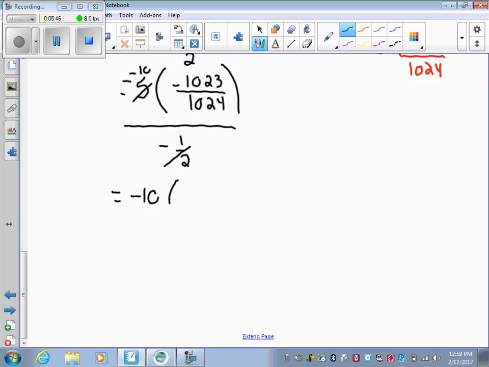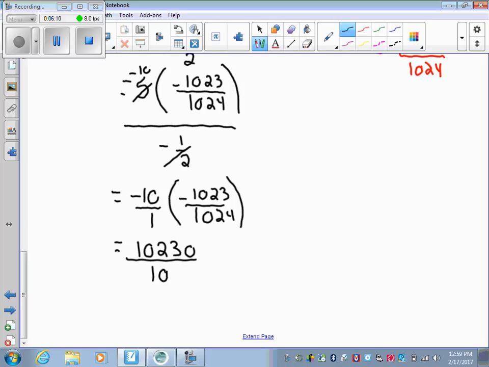And then you can do your multiplication. Okay? So that's going to leave you with, when you multiply this through, remember there's an invisible 1 on the bottom, and when you're multiplying fractions across the top, you're going to get positive 10,230 over 1,024.